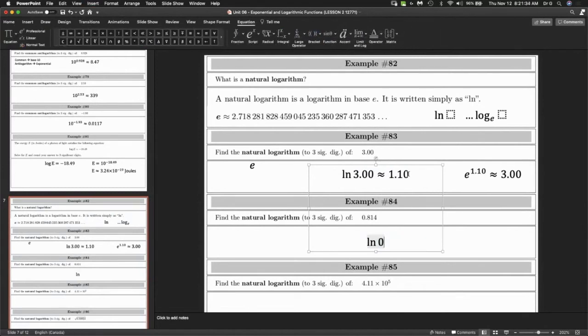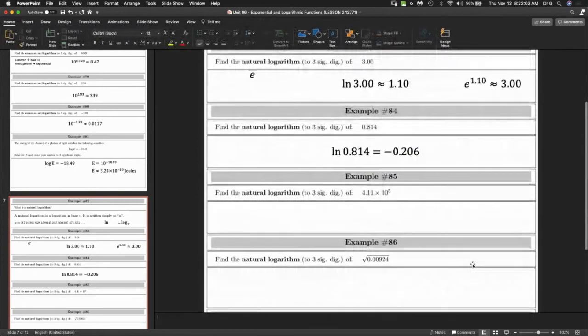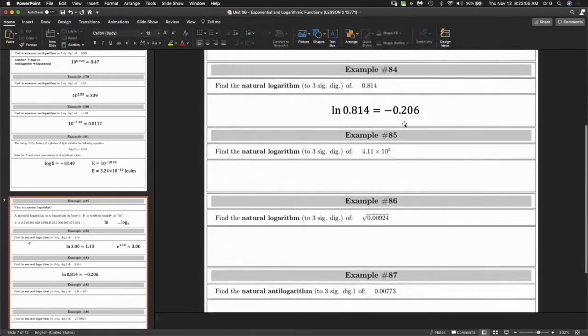So ln of 0.814, and you can just say ln, that's how people say it. What do you get for this one? Now we're just going to keep on cruising along here, and I'll do a few more with you. So we'll do the next two, and then we'll move on.